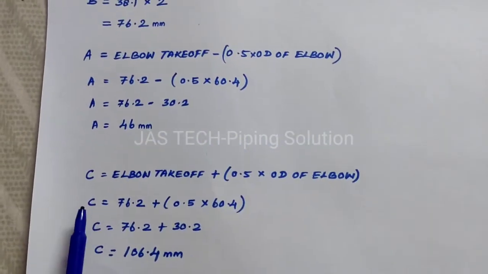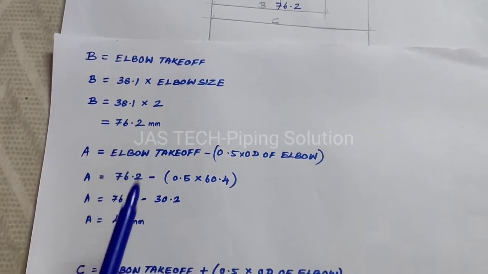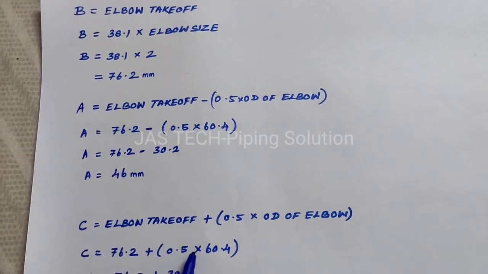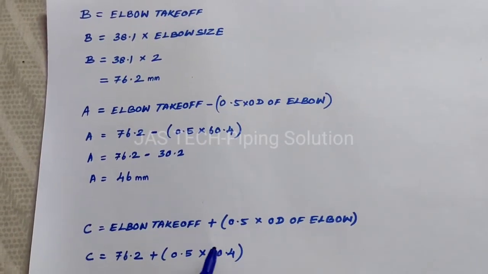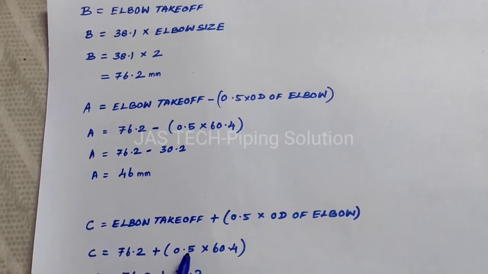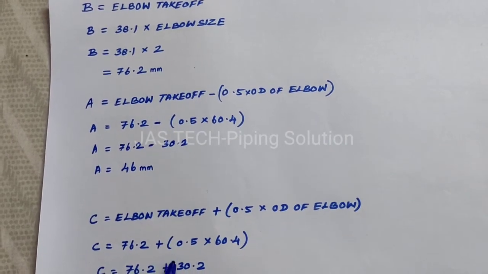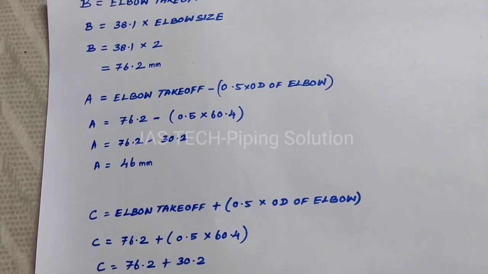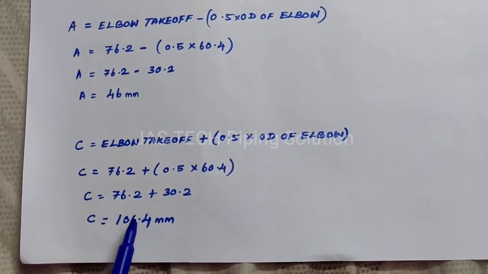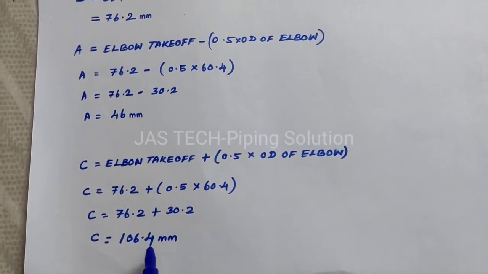So C equals 76.2, already we solved elbow takeoff, plus half OD. 0.5 OD of elbow, for a 2-inch elbow 60.4. So 0.5 multiplied by 60.4 equals 30.2. So 76.2 plus 30.2 equals 106.4 mm. C equals 106.4 mm.